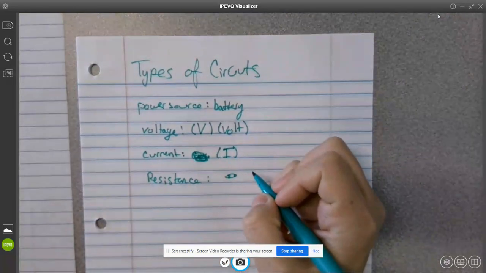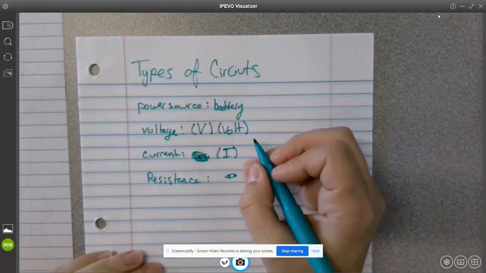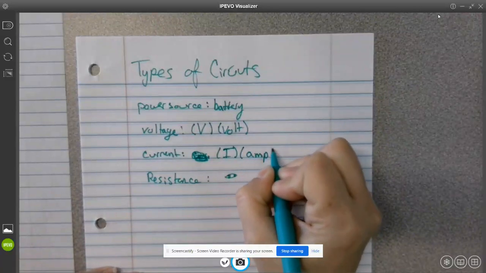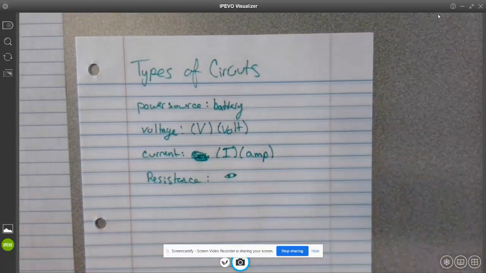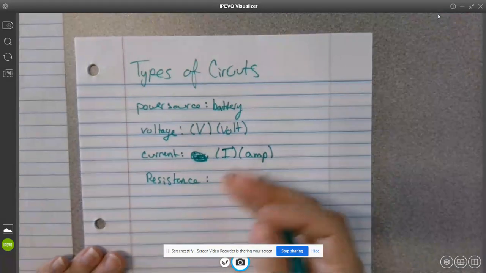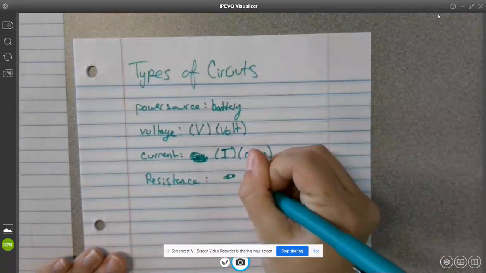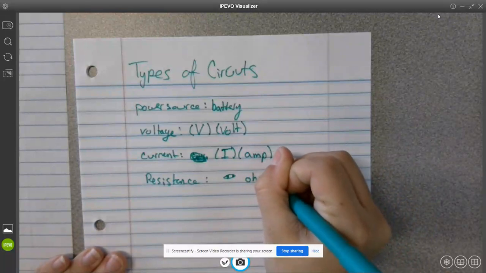If you are labeling how strong a current is, specifically an electric current, we use what are called amperes, or amps. Resistance is measured in what are called ohms.